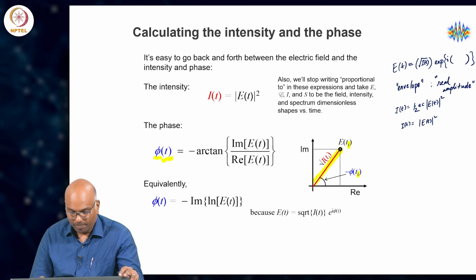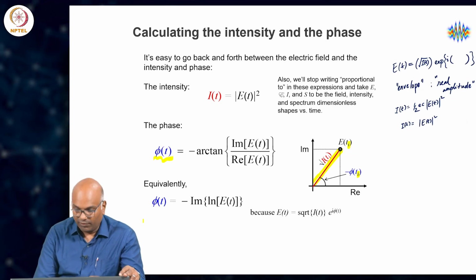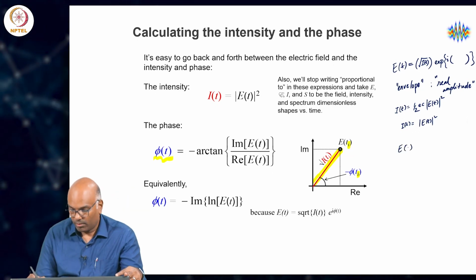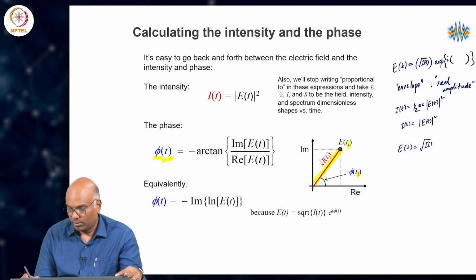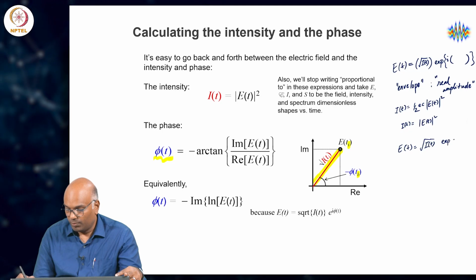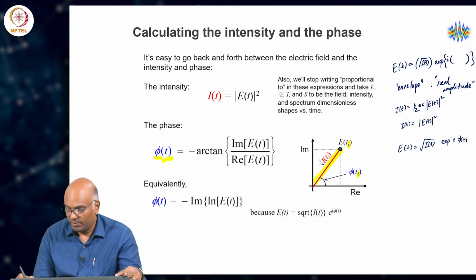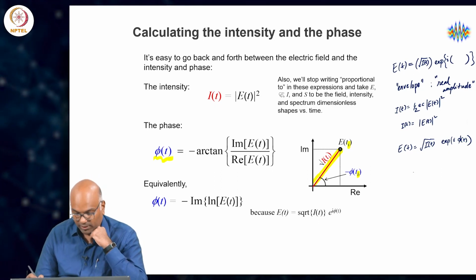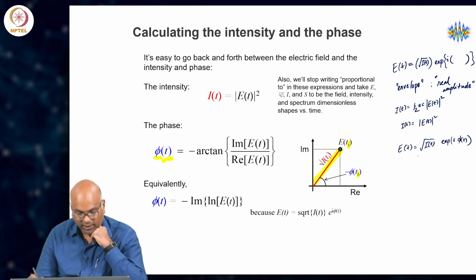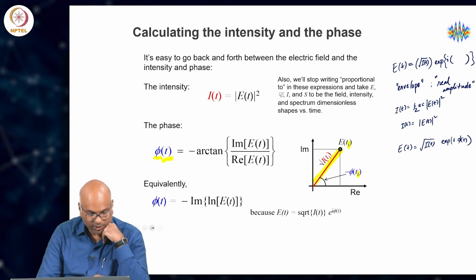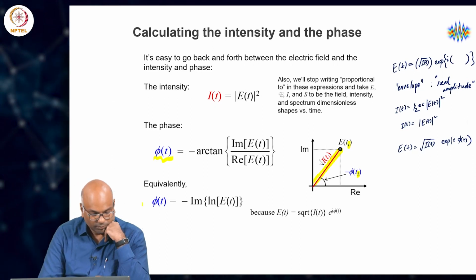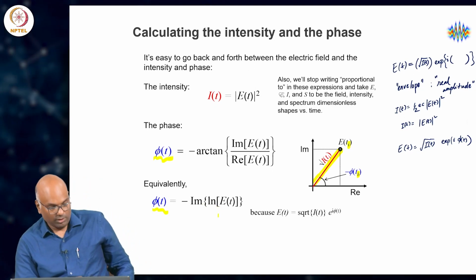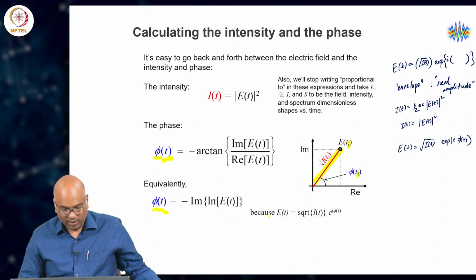But equivalently, since we wrote down the electric field as the square root of I of t times the exponent of i times the phase function, if I take the logarithm of this expression on either side, I would immediately see that phi of t is minus the imaginary part of the log of E of t. So that's another way of writing the phase function.